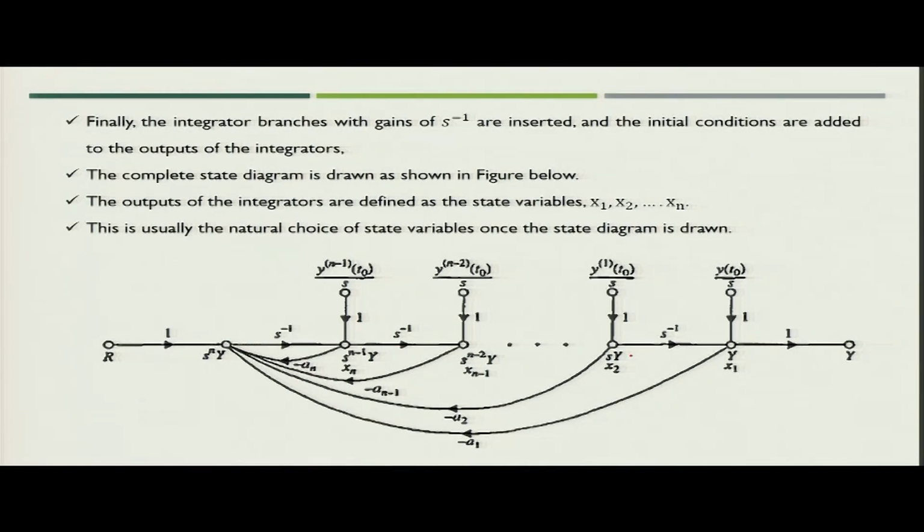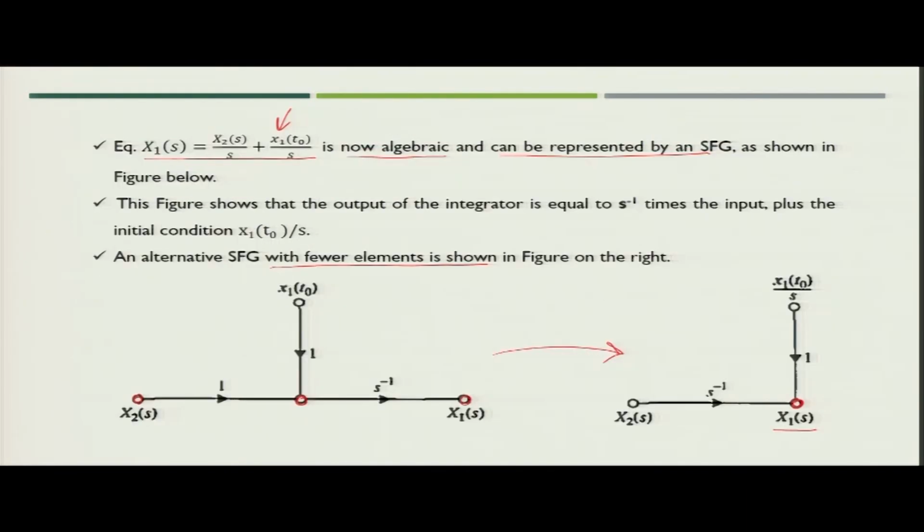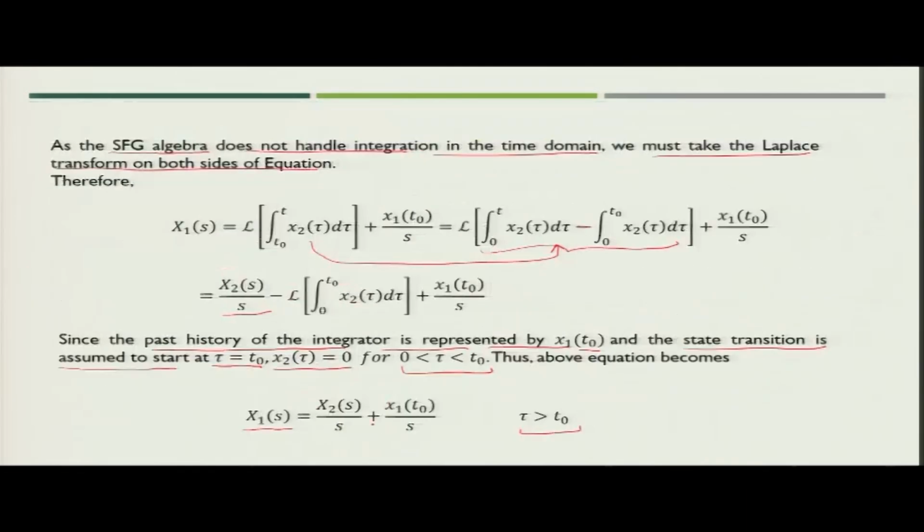If you see the component on this side, x_2 is connected with x_1. How are you connecting? sY is connected with Y with s to the power n minus 1, plus the initial condition for y, that is y(t_0) by s. This is what you got from the equation which we just derived.